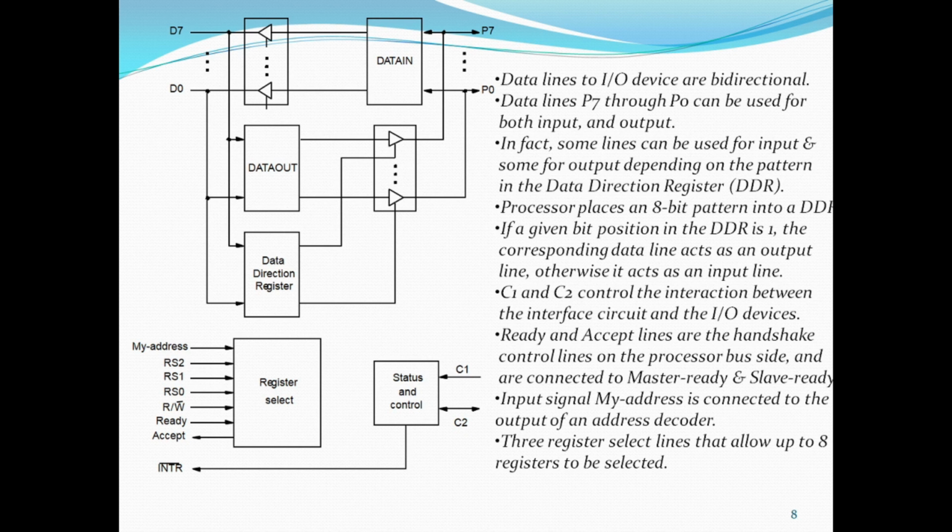Then you can see two more lines here, that is C1 and C2. These two lines are provided to control the interaction between the interface circuit and the IO device as it serves, and these lines are also programmable.